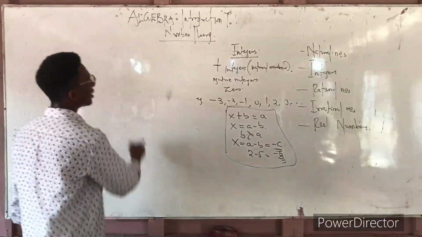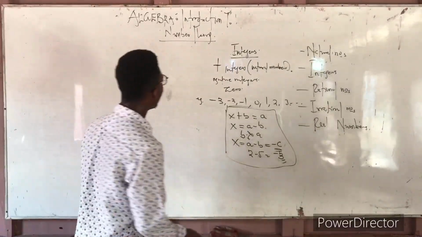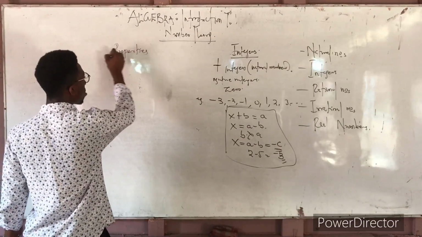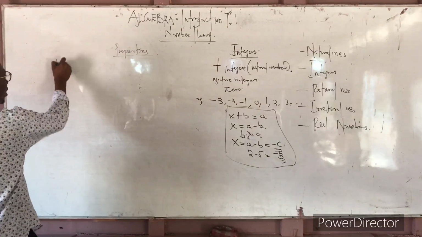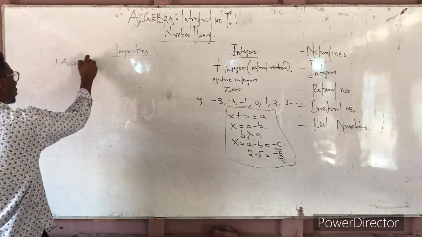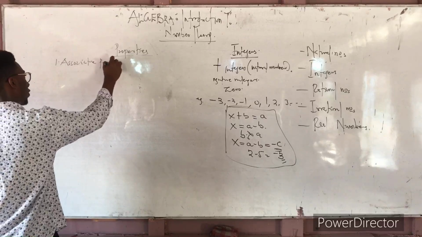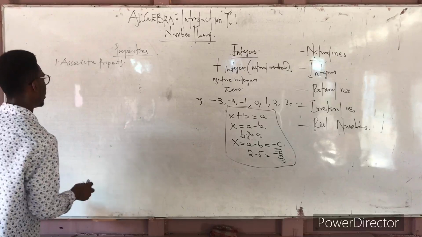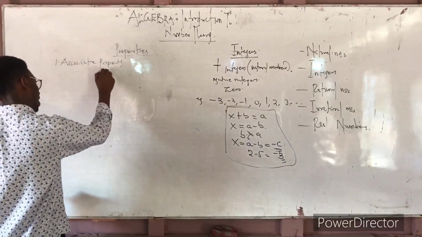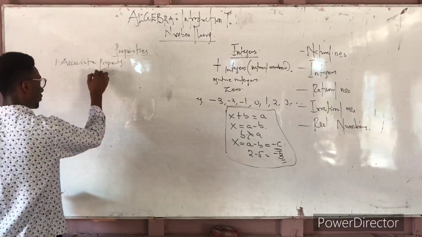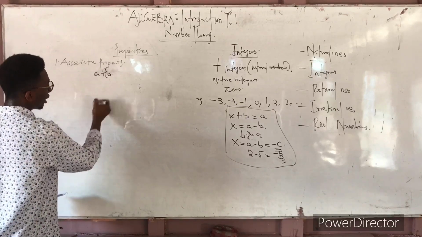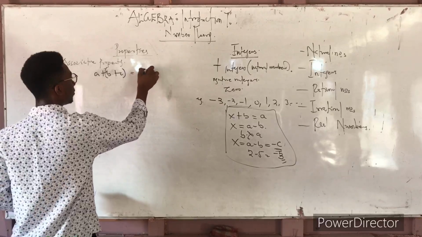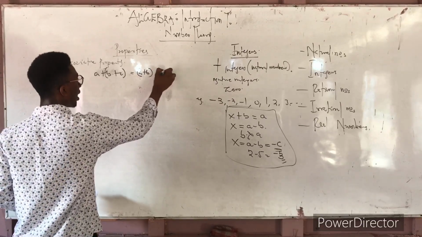Now, with integers, there are some properties we have to look at. One, let's look at the associative property under the integers. If we have something like a plus, bracket open, b plus c, then we can have a plus b, in brackets, plus c.